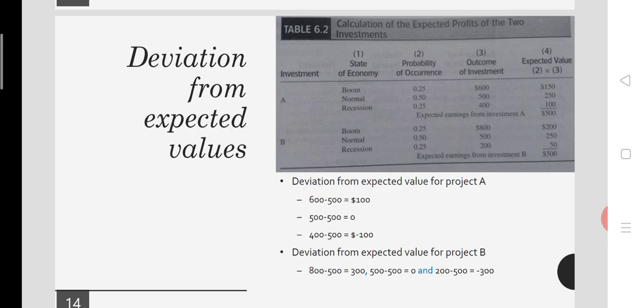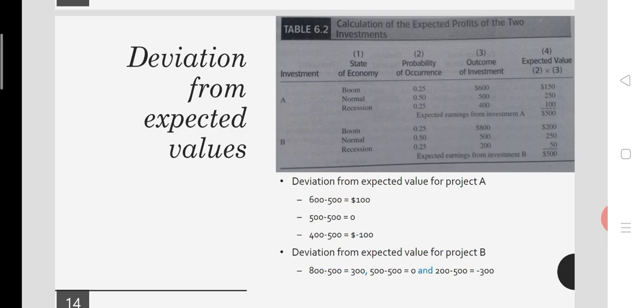The third situation is a recessionary situation. When the economy is in a recessionary situation, the outcome could be $400, and the expected value is 500. Then 400 minus 500 is minus $100.